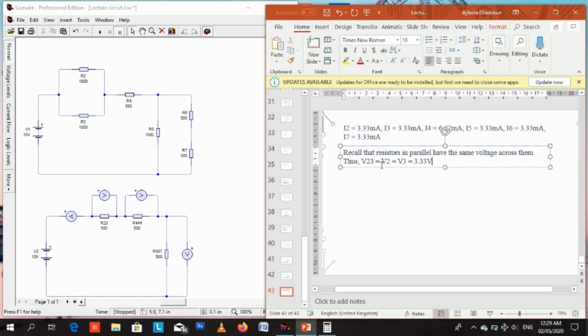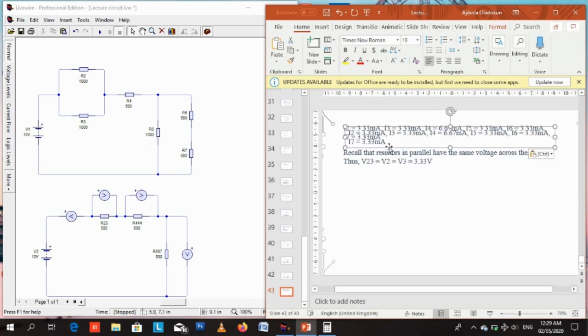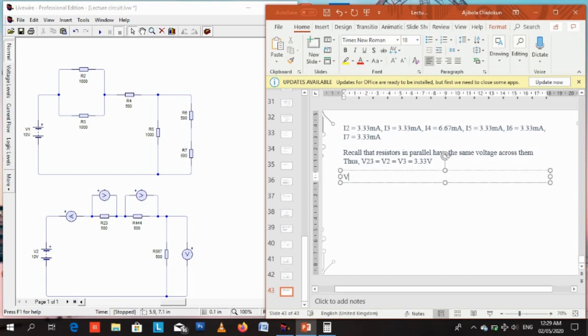That's because R2 and R3 are in parallel. So V23 that appears across both of them will be the same for each individual resistor R2 and R3. So V2 is 3.33 volts, V3 is also equal to 3.33 volts. So let's go for V4.